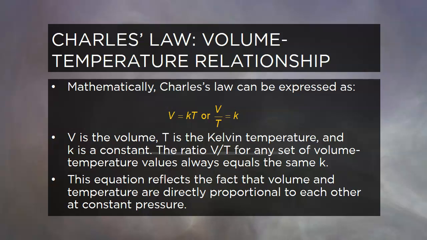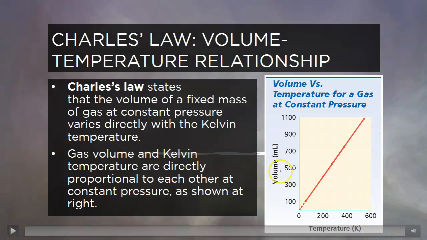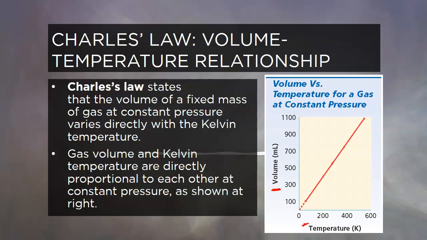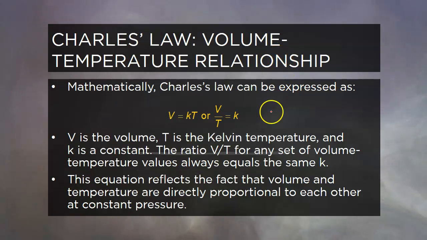Mathematically, it's going to look like this. V equals KT. We know that with graphs, the slope is given as the rise over the run. So in this case, my rise is the volume, and the run or the x value is temperature. If we consider this K as a slope, the slope is my rise over run, which is volume over temperature.